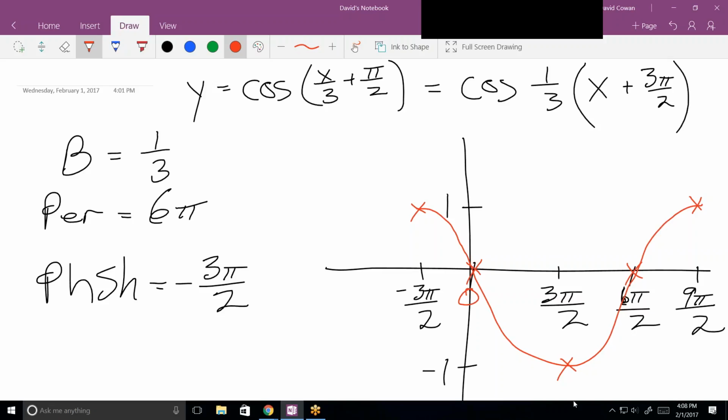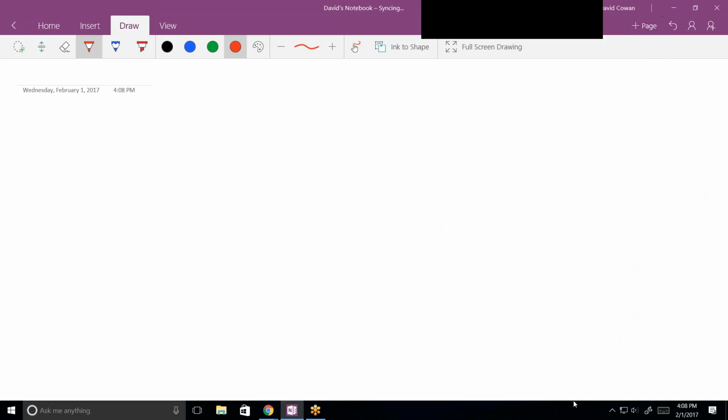Do you have one that's got all 4 things? It'd be kind of nice to do one. Give me the most complicated one you have. The only thing that doesn't change is the amplitude. This one has amplitude and B, I guess.